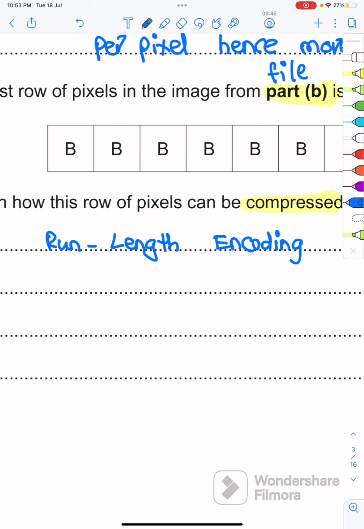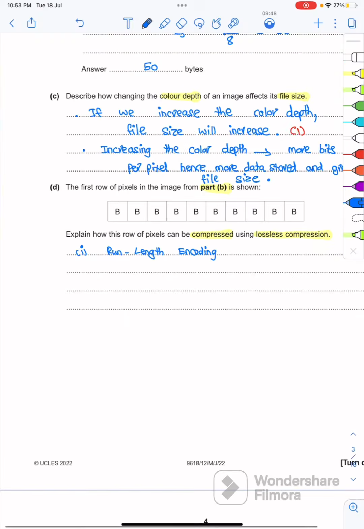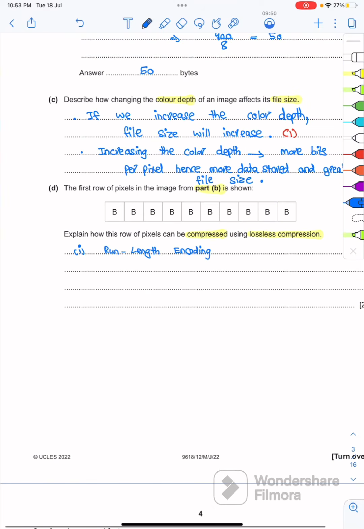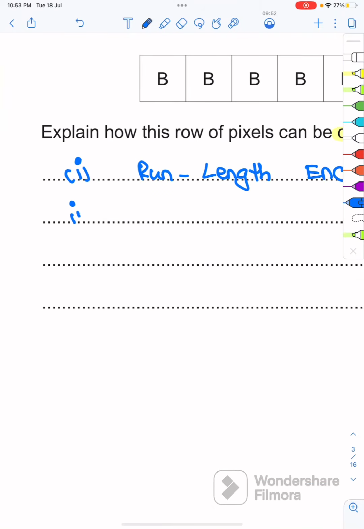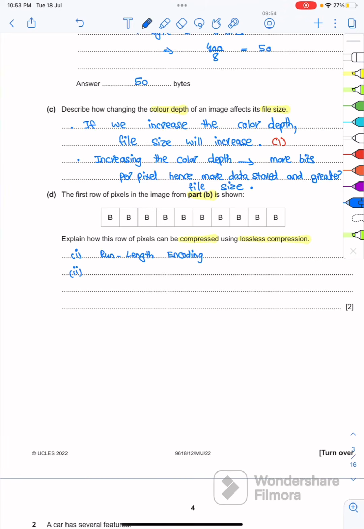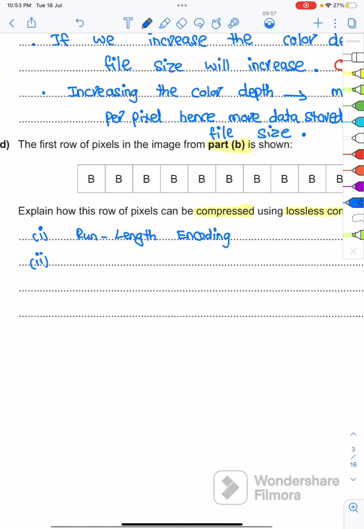Right? So you can say you can use run length encoding, and the next mark that you will get, because this is a 2-mark question, will be for how run length encoding works.